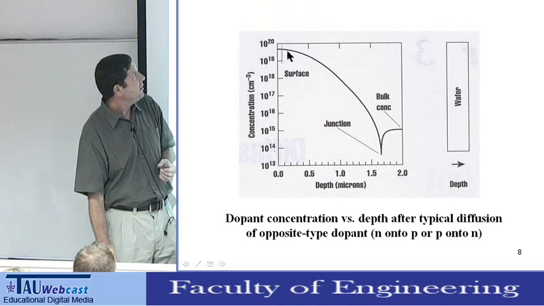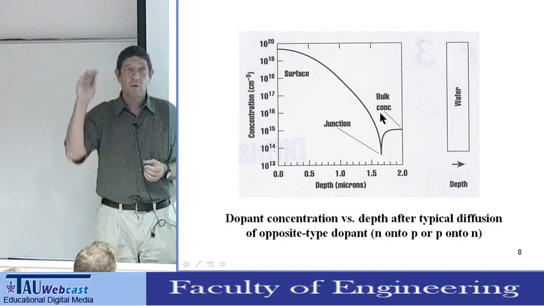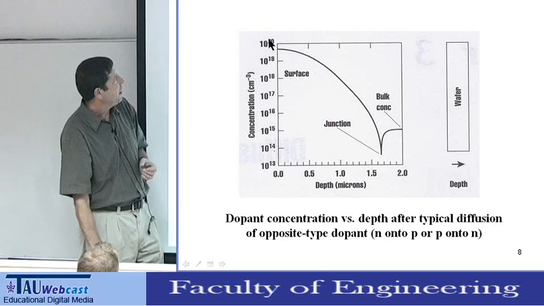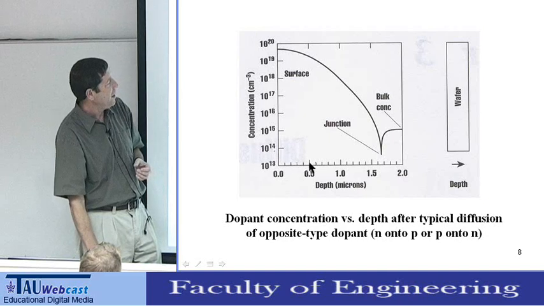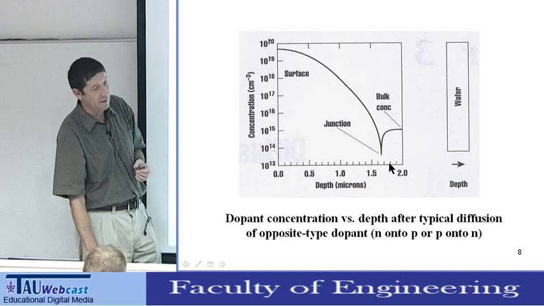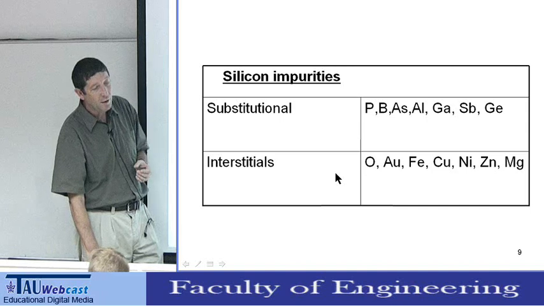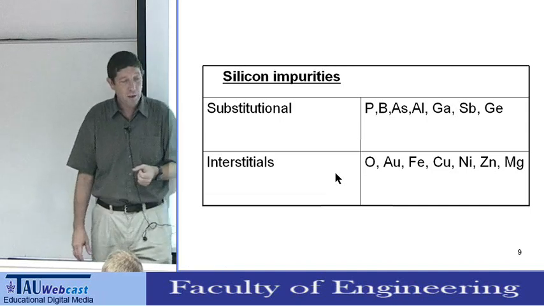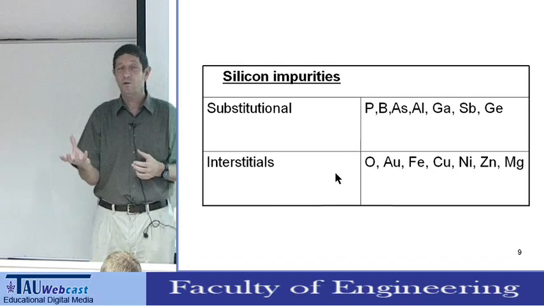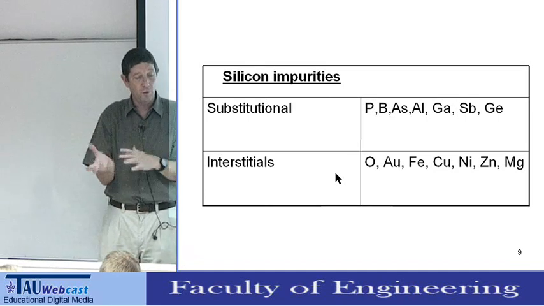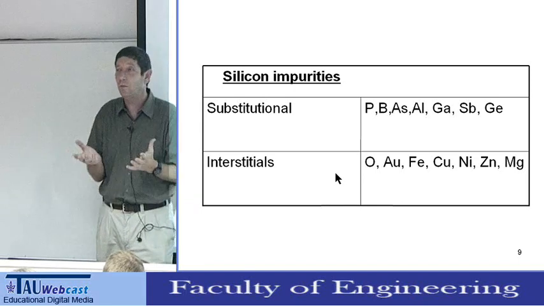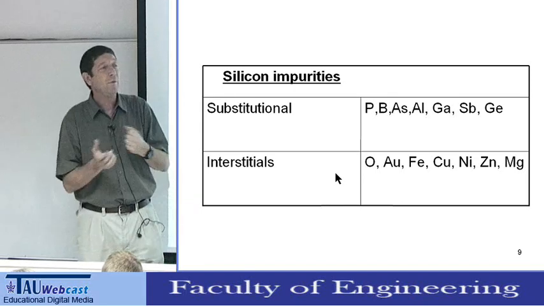Now, because the typical profile drops down exponentially, the plots typically use a log scale on the y-axis and linear on the x-axis. What kinds of dopants do we have in silicon? The substitutional dopants, where phosphorus replaces silicon, or boron replaces silicon, or arsenic, aluminum, gallium, antimony, and germanium, can all replace silicon.